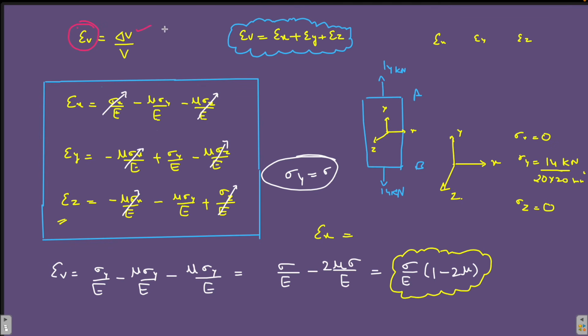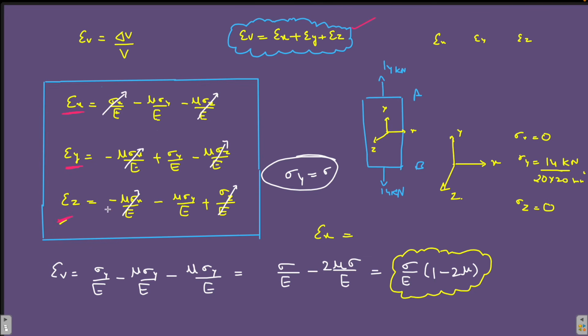The volumetric strain is the summation of strain in x direction plus strain in y direction plus strain in z direction. Now strain in x direction can be found using this formula, sigma x by E minus mu sigma y by E minus mu sigma z by E. Now strain in y direction is minus mu sigma x by E plus sigma y by E minus mu sigma z by E.